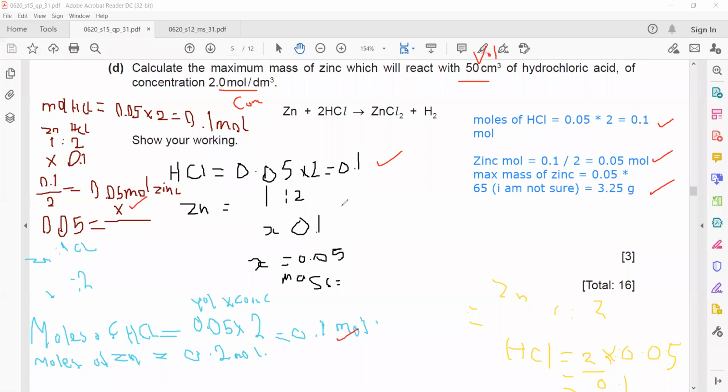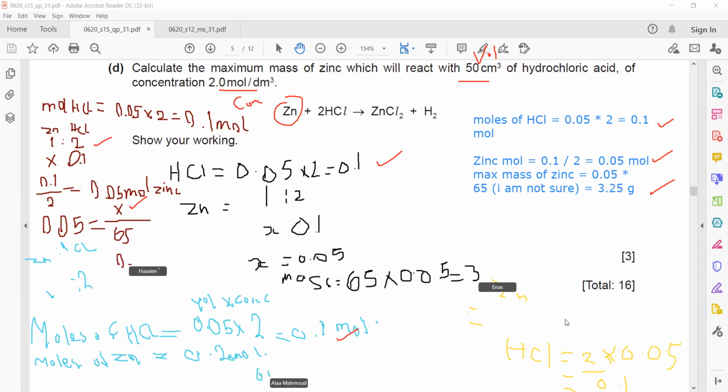You can also type and then you can paste if you find it convenient. The atomic mass of zinc is 65. Yeah, 0.05 moles will be there and that is multiplied by 65. So you will get the mass in grams.